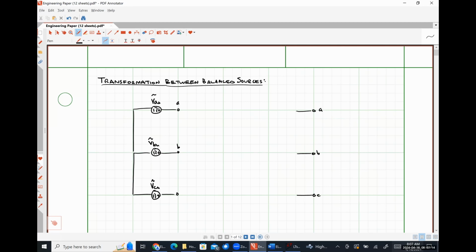So our ultimate goal is to construct a delta connected three-phase voltage source that's based on what our Y connected source voltages are, okay? So for our delta connected source, we only have access to our transmission line terminals A, B, and C. There is no neutral whatsoever, so we should not have a neutral conductor connection anywhere in our delta connected source.